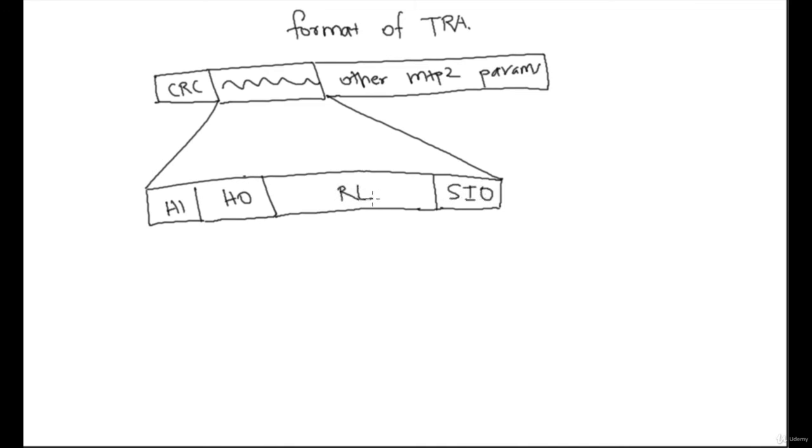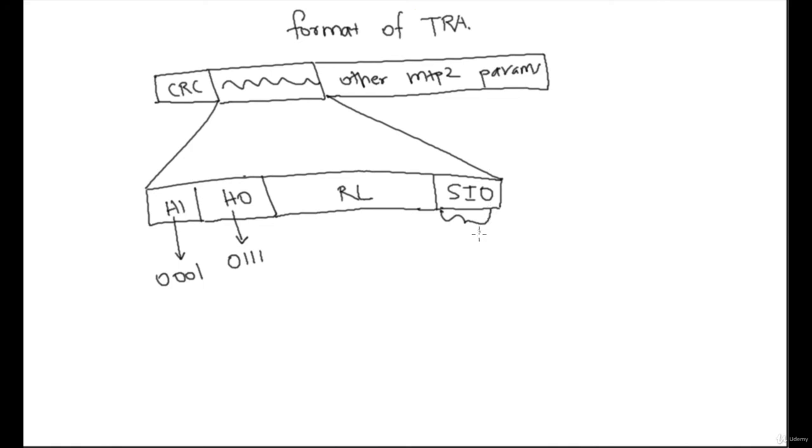H1 and H0 are the header parameters that identify the type of message. For TRA, H0 is 0111 and H1 is 0001. The routing label and the service information are pretty standard parts of MTP3.